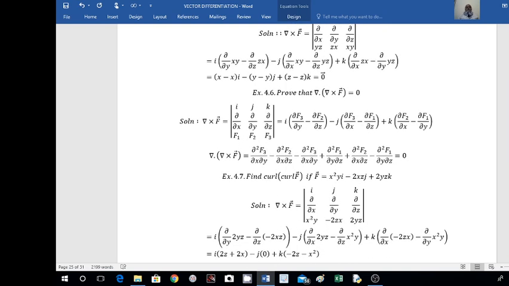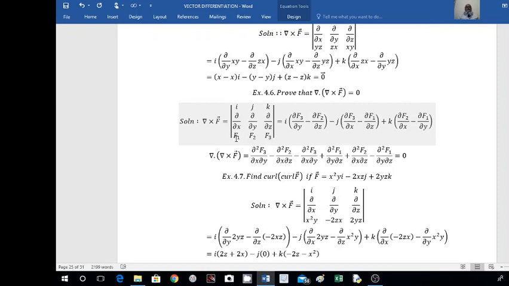Next example, prove that del dot of del cross f is equal to 0. This is a similar problem. Del dot means divergence of this. So first I will find out del cross f. Del cross f is by definition the determinant: first row i j k, second row the operators dou by dou x, dou by dou y, dou by dou z.